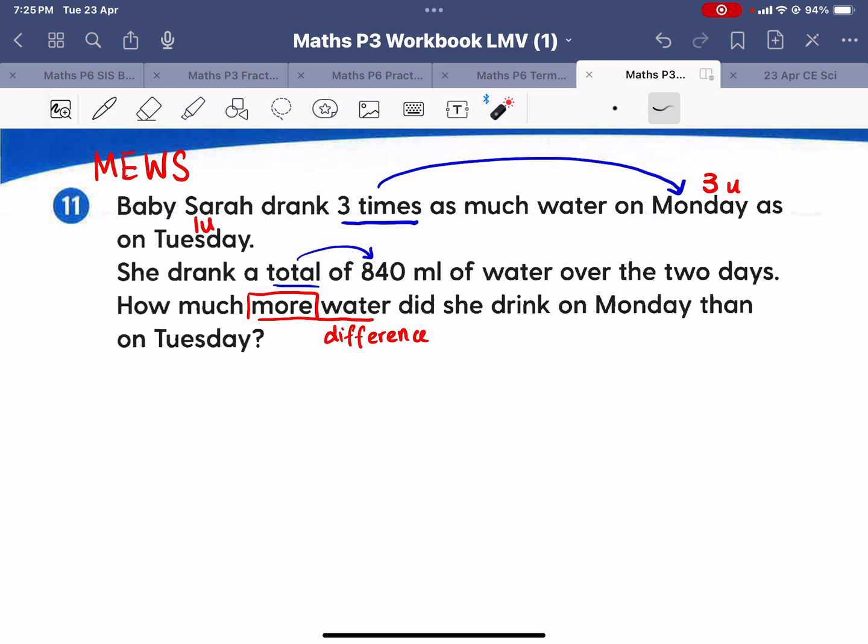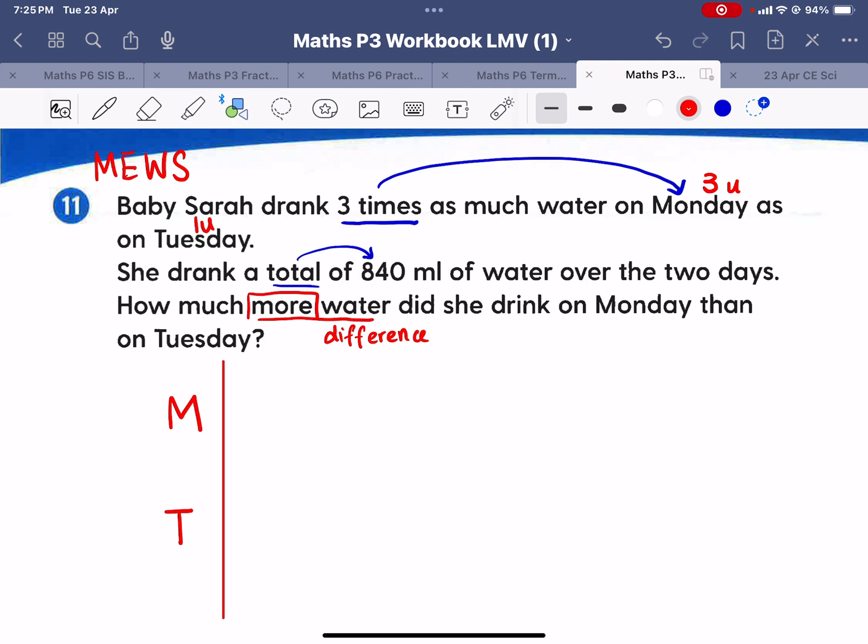Now, since we are comparing more than and 2 different days, a comparison model works very well here. So let's put in Monday and Tuesday, M for Monday, T for Tuesday. We're going to begin from the same starting point, starting with Monday.